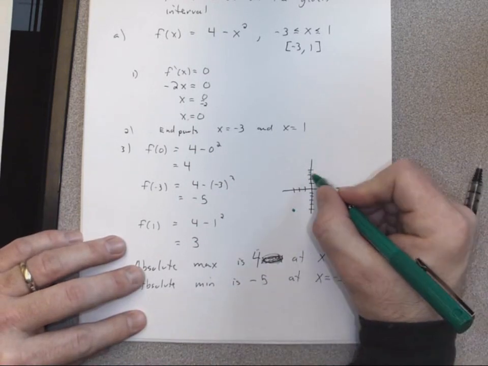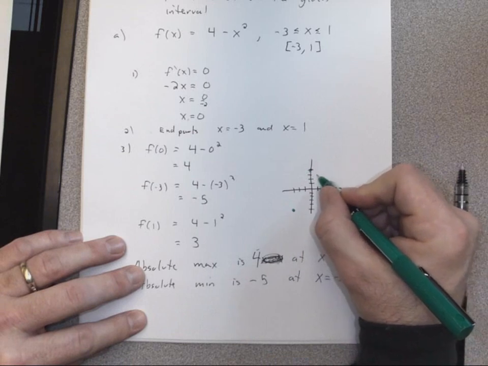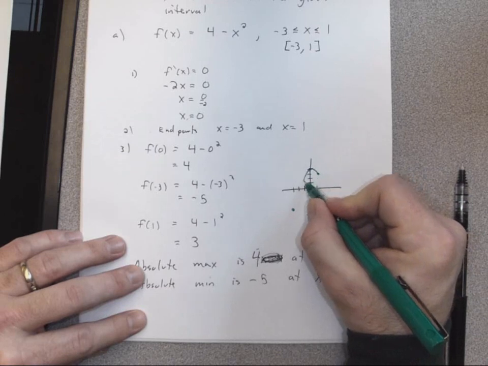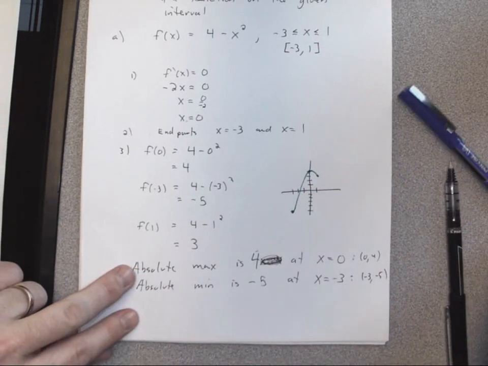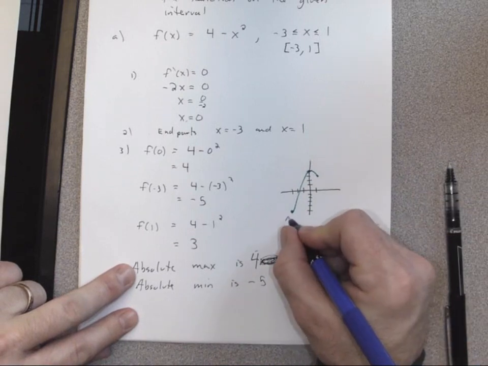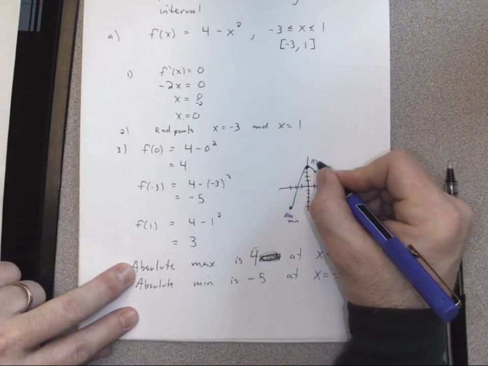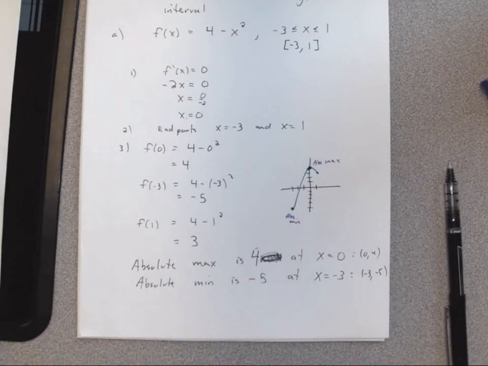It was a closed interval here, and this happened to be equal to 3. So this is what it looked like. It was that closed interval. And we can see that this point was your absolute min. This point right here was your absolute max. And that's how we got those.